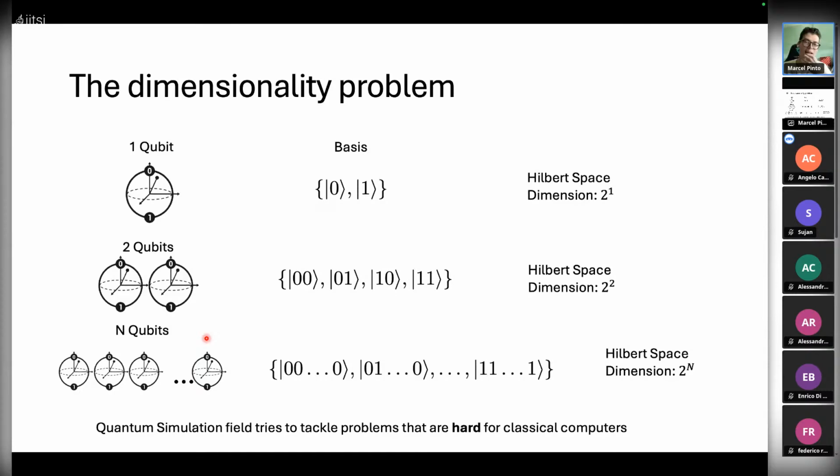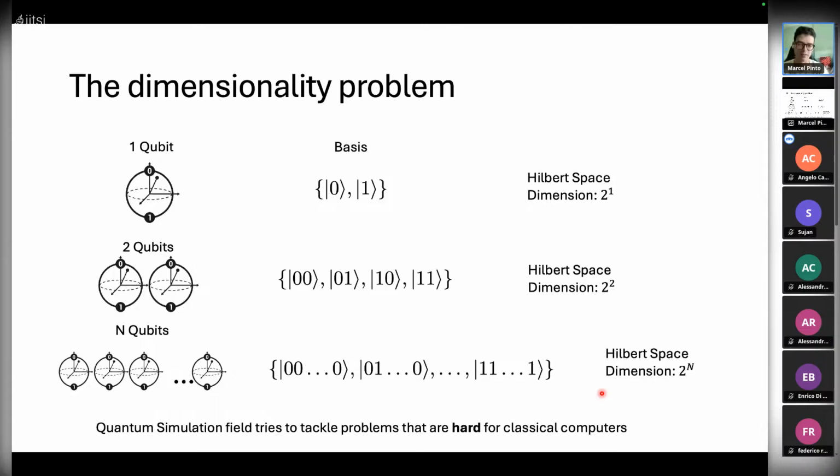But if you go to n qubits, then things start getting out of hand because the Hilbert space dimension grows exponentially with the size. And if I'm not wrong, with our best classical computers, we can't do more than 50 qubits. Of course, I'm talking about the full simulation of the system, not techniques like tensor networks or DFT.